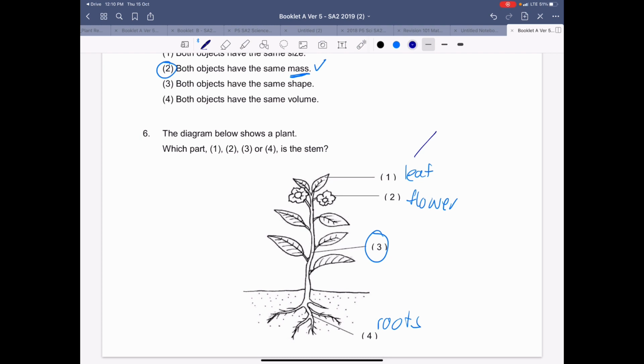Okay, so your leaf in general, your leaf cells, is used for making food or photosynthesis. Your flower is for reproduction.